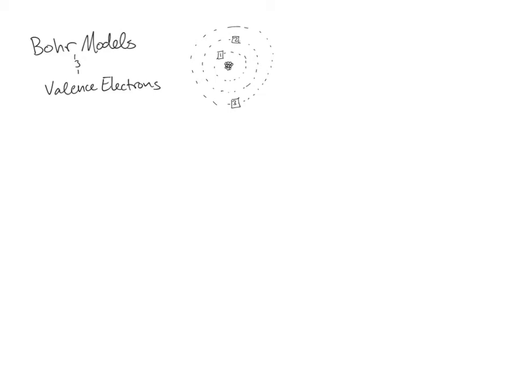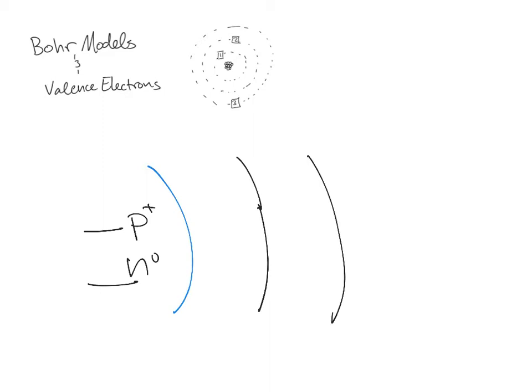Now, the idea and the structure kind of remains the same. So you've got a nucleus, and this first line, I'm actually going to make it blue, is going to be the nucleus. And inside the nucleus, you have some number of protons and some number of neutrons. So whatever atom you're looking at, you'll write down number of protons, number of neutrons. You have to figure that out. And then going on the outside are rings.